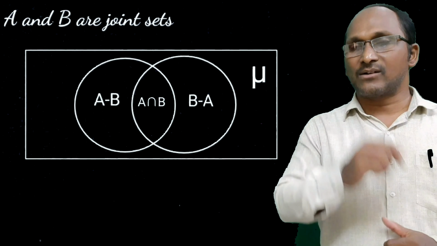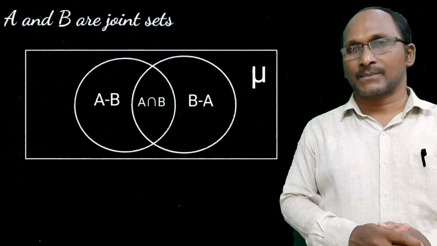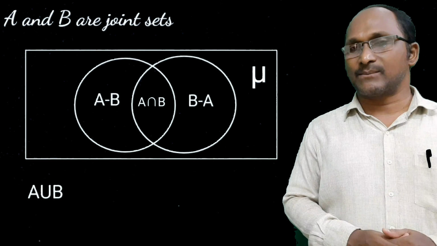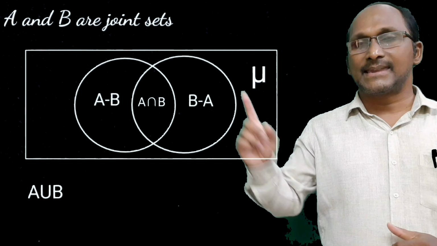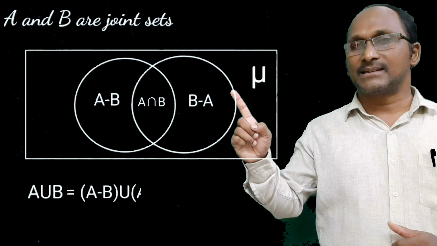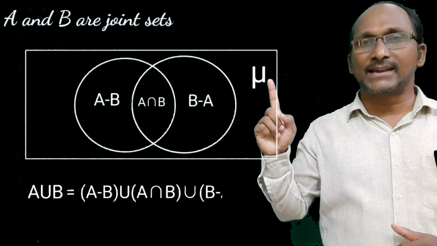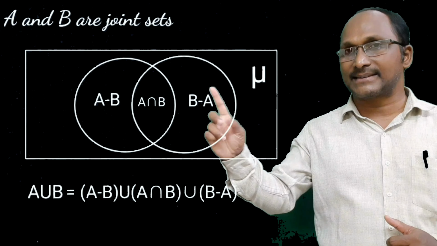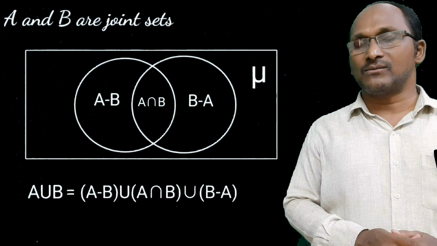So in this case, already we have seen one relation. A union B can be taken as (A minus B) union (A intersection B) union (B minus A). Already I have explained this relation.